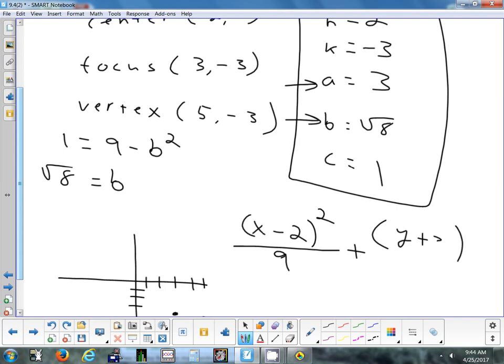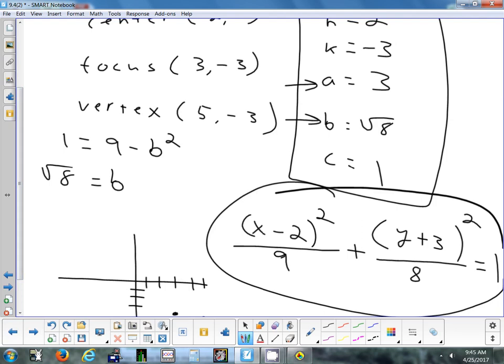So I'm going to fix that right now. So y plus 3. And what's going to be my denominator there? 8. And the equation of an ellipse is always equal to? 1. Yep, it's equal to 1. And there's your ellipse. Okay, so any questions on that one? That's the hardest type of ellipse problem you could have, because you have to find all 5 letters.